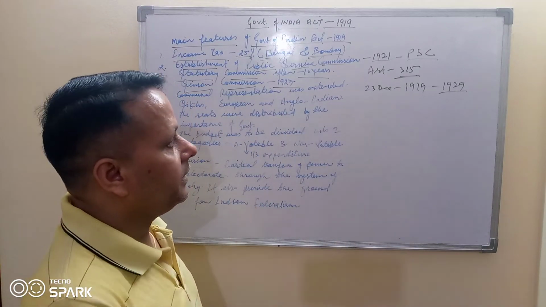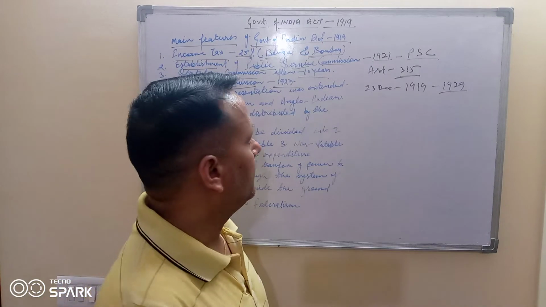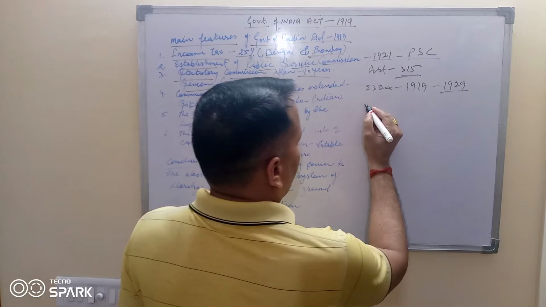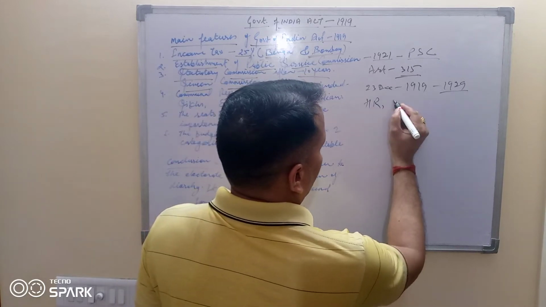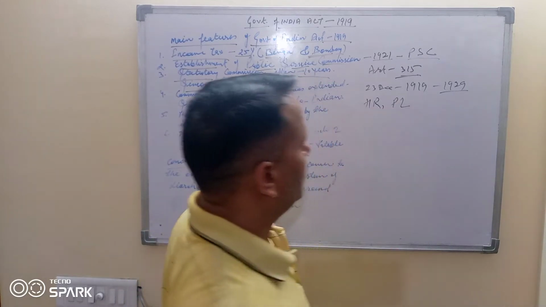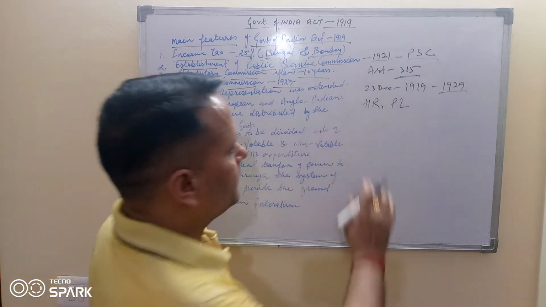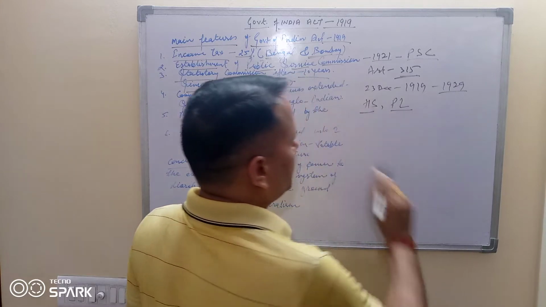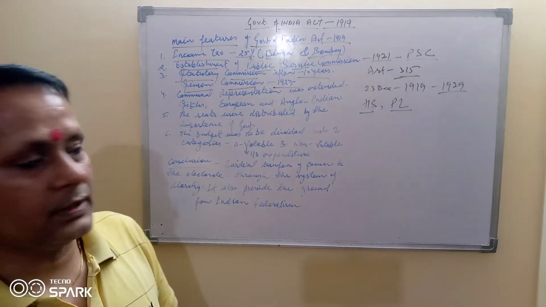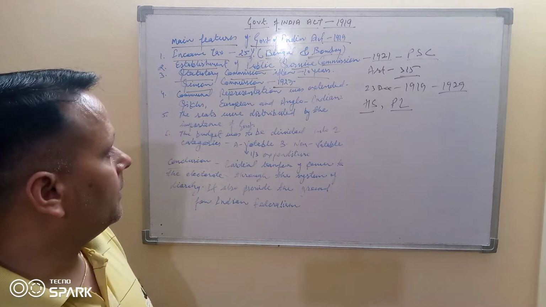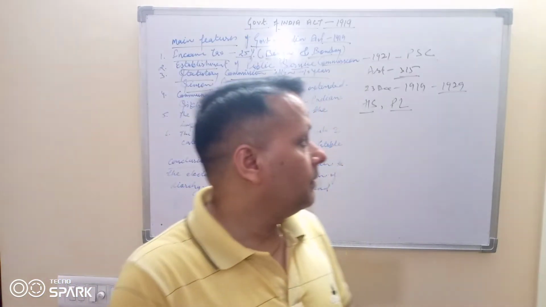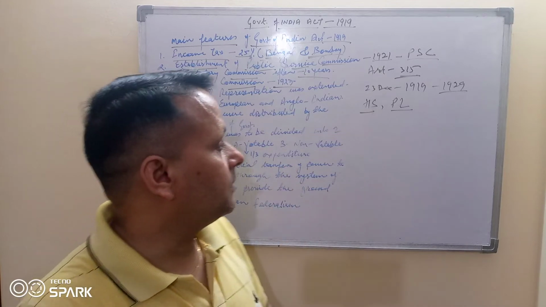There were three main members: Henry Simon, Patrick Lawrence, and one other. No Indian individuals or Indian personalities were added. So that was the main reason.